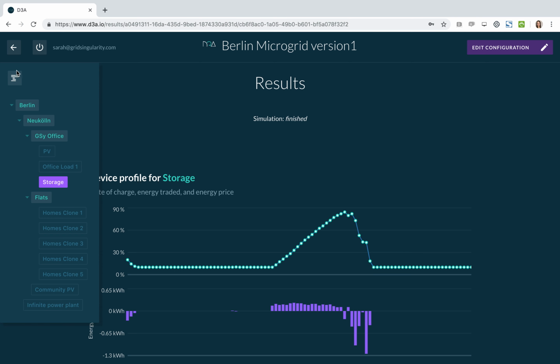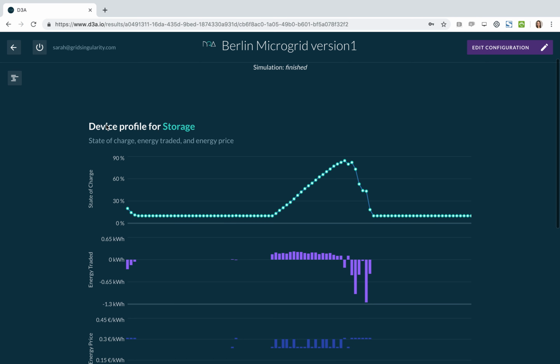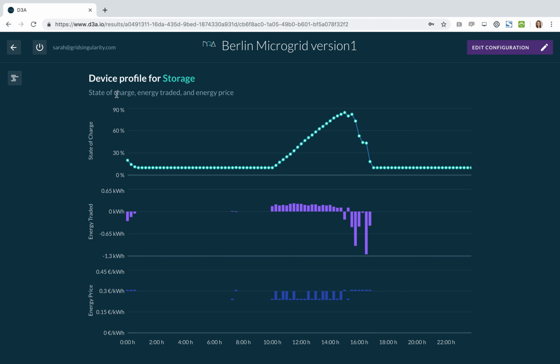Then lastly, we'll click on the storage, which is a little bit different. So in the storage, we plot the state of charge. And we started at a state of charge of 20%. And then we can see that the storage discharged in the beginning of the day to satisfy some of these loads.